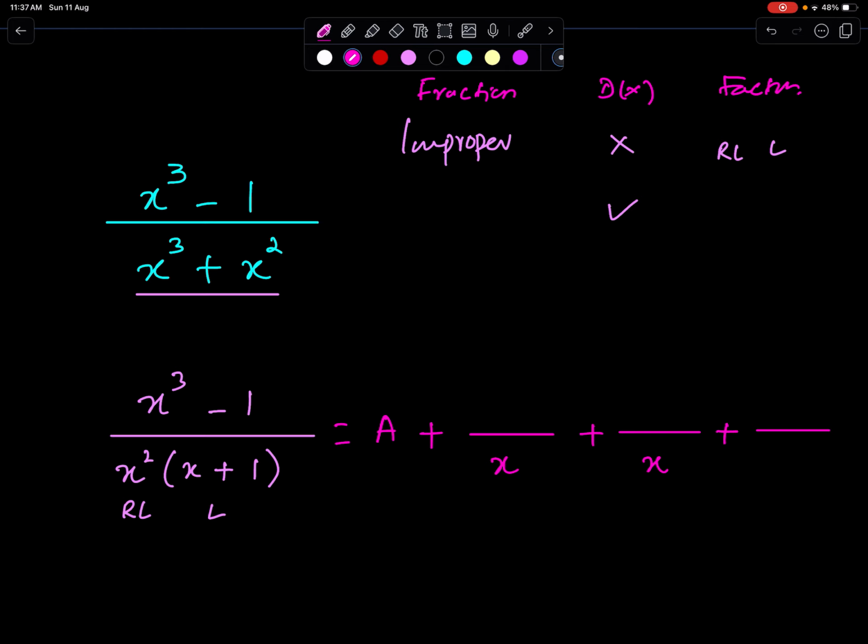X and x square. We write repeated linear factor twice, once with power 1 and once with power 2. Since all these factors are linear, so we need to write constants in their numerators and call it equation 1.